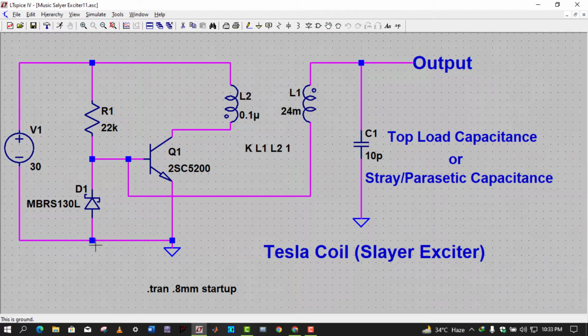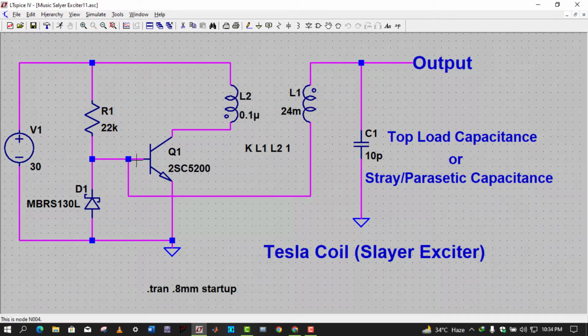As we know, in a diode, if the P point, the positive point, is at a higher potential than the N side, then the diode will turn on. So this negative potential will build up in such a way that this point will be more negative than this point, and this diode will be turned on, which means the base of the transistor will be pulled down to ground.